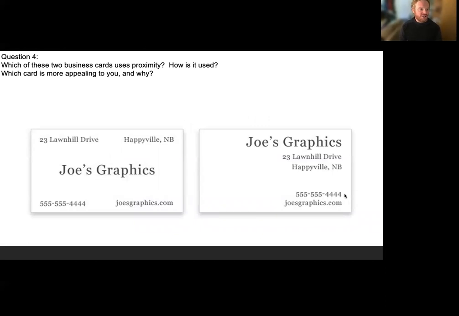All right, we're on to question number 4 in your worksheet. And this one is about the principle of proximity. We have 2 business cards here. Joe's Graphic, located at 23 Lawn Hill Drive in Happyville, maybe that's New Brunswick. His number is 555-555-4444, joesgraphics.com.